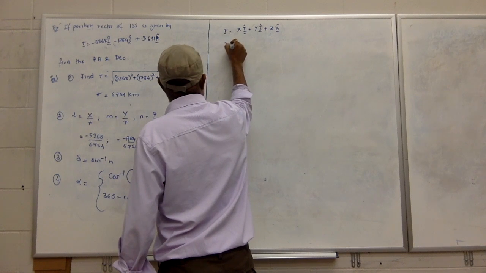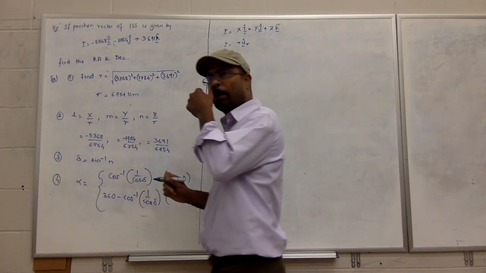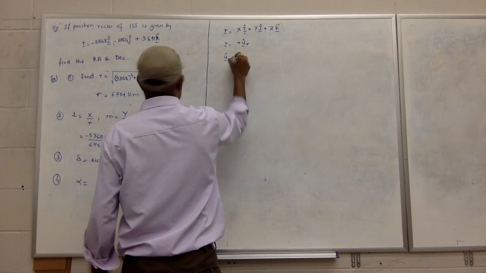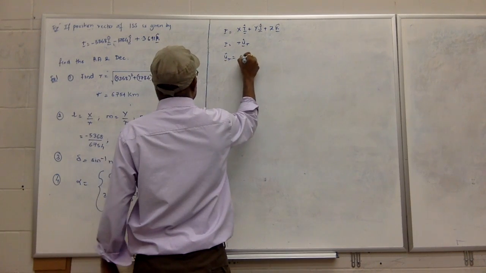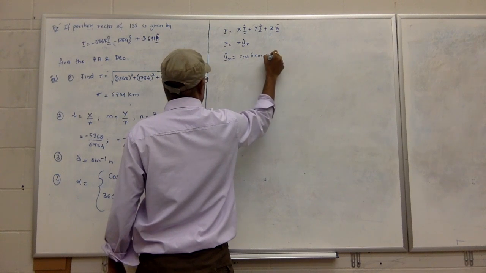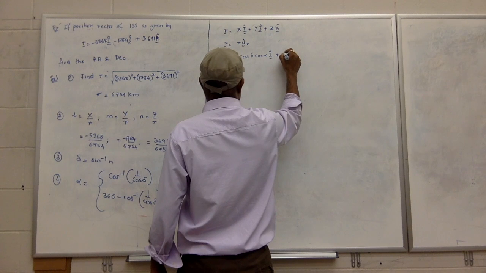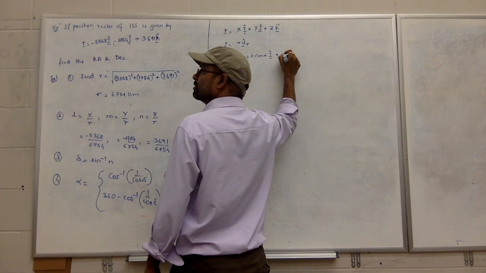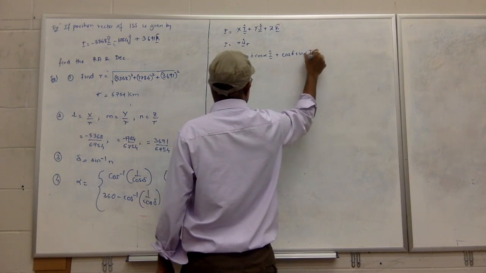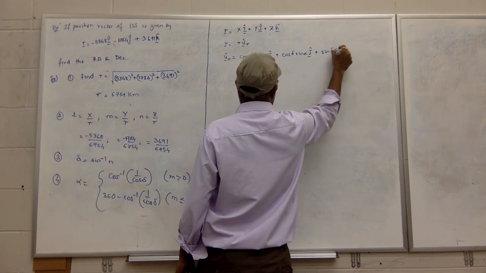R is also equal to R times UR, right? We also said UR is cosine delta cosine alpha i plus cosine delta sine alpha j plus sine delta k, right?